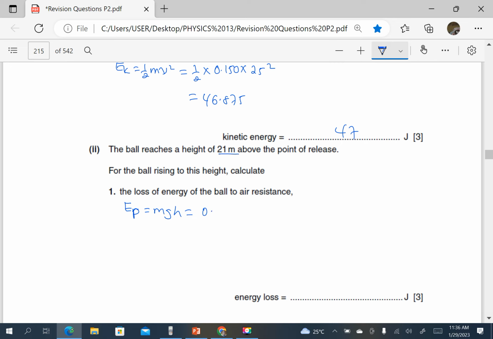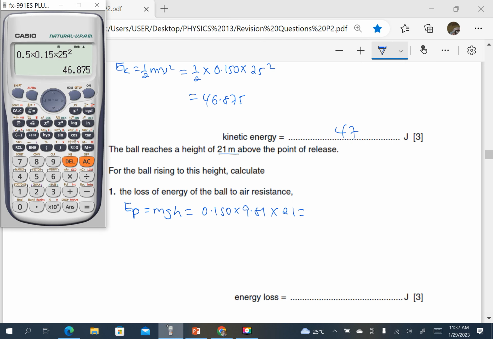So this is 0.15, that was the mass, times g, which is 9.81, times the height, which is 21. 0.15 times 9.81 times 21 is 30.9.